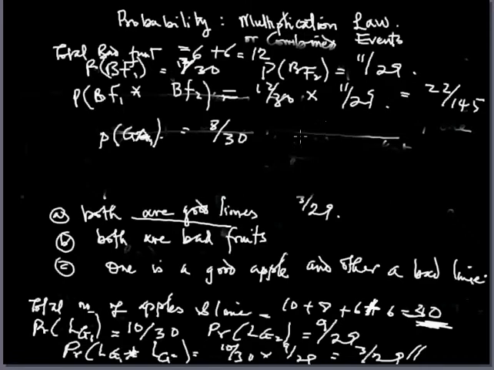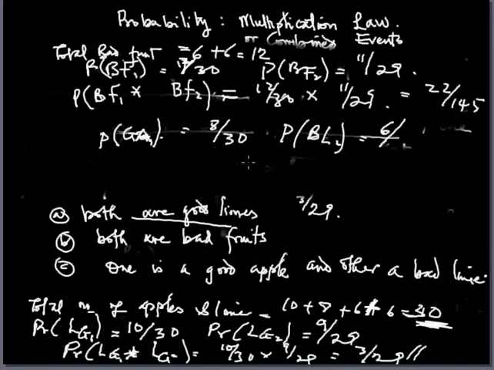Then the second one is the probability of a bad lime. Remember that the numbers have been reduced, but the bad lime is still 6, and the total number is now going to be 29, because one has already been taken.